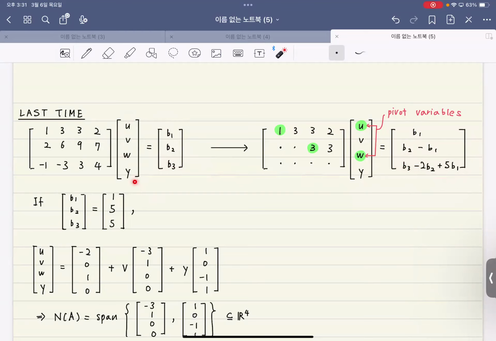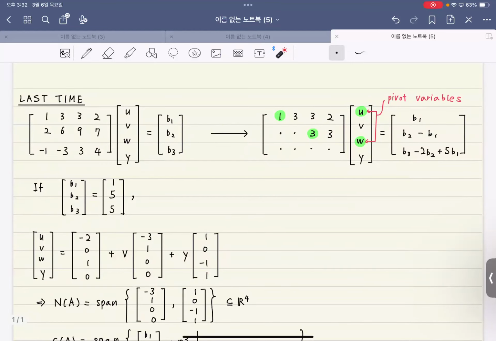So as far as I remember, the last time I plugged in b1 equals 1, b2 equals 5, and b3 equals 5. I plugged each of these numbers into each of these places, and it turned out u, v, w, y can be written as this vector plus linear combinations of these two.